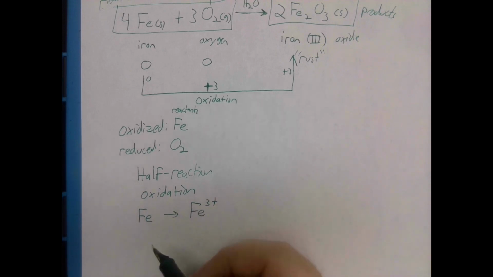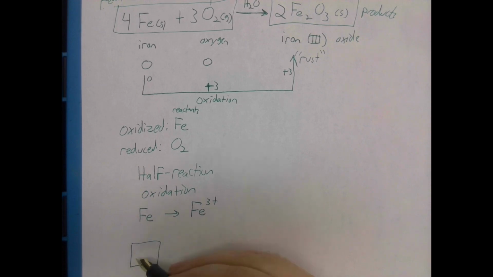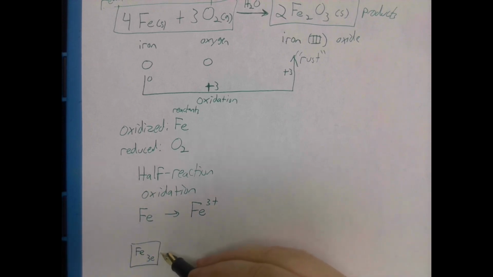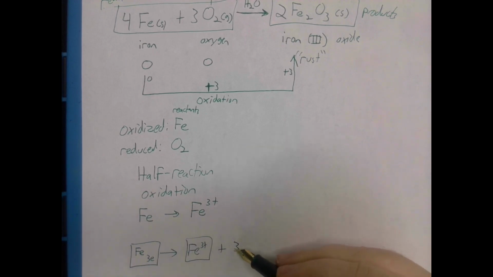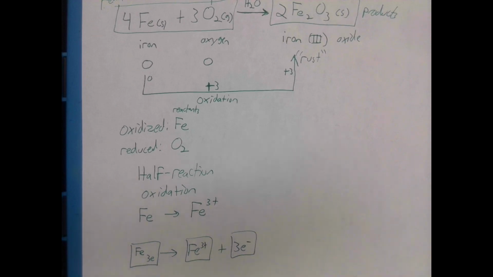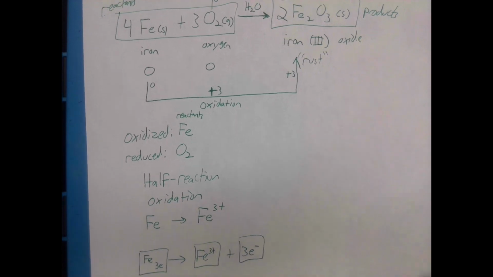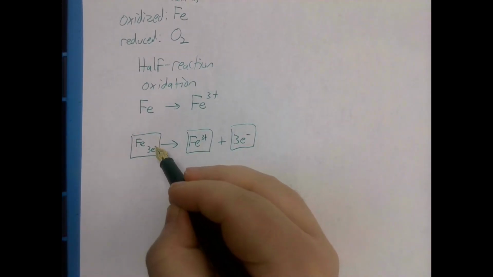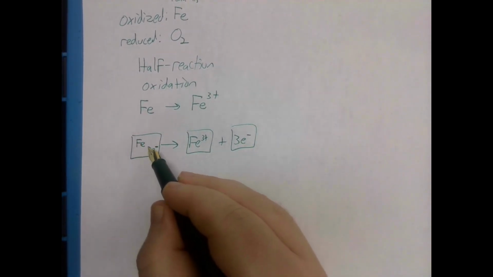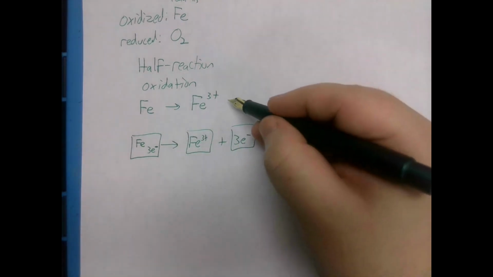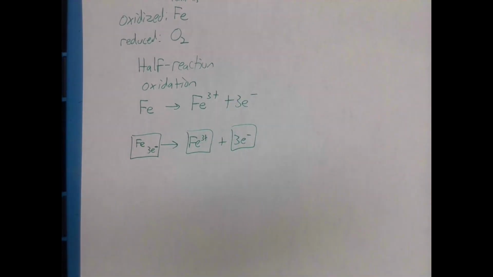So here we can imagine this as a box that has 3 electrons in it, and it is splitting off into a 3 plus along with 3 electrons. They're separating, it's breaking up. So on this side they're all together and they're all bonded together. The 3 electrons are attached with the iron, and then it's breaking apart, so we put the electrons on the right side.